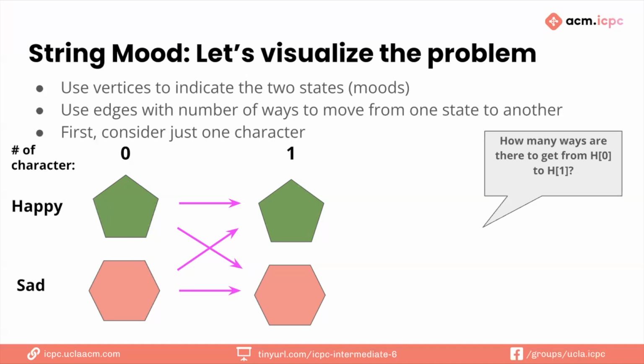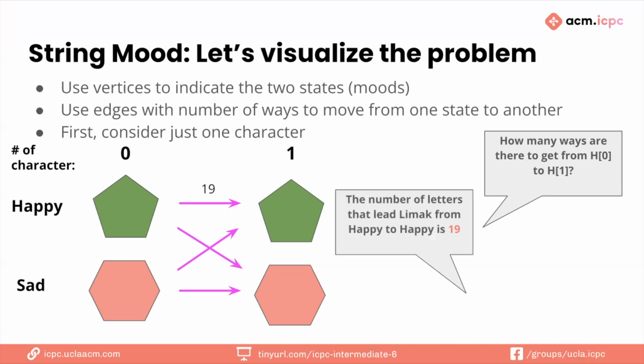So it's very similar to the answer to the previous problem. What it's asking about is how many strings of length 1, so how many characters, will make him stay happy after reading them. And it's essentially 19. That's what we saw right before.